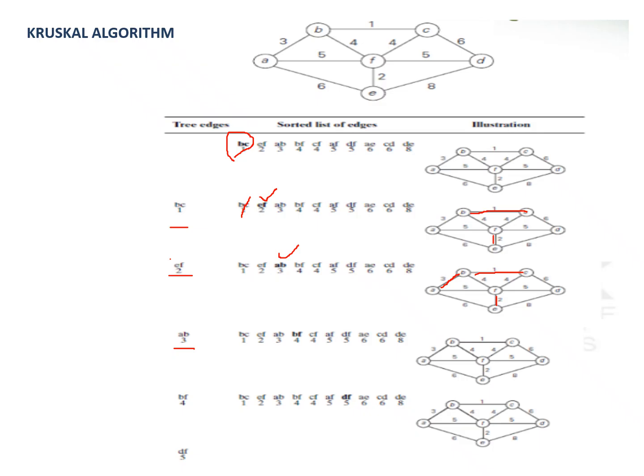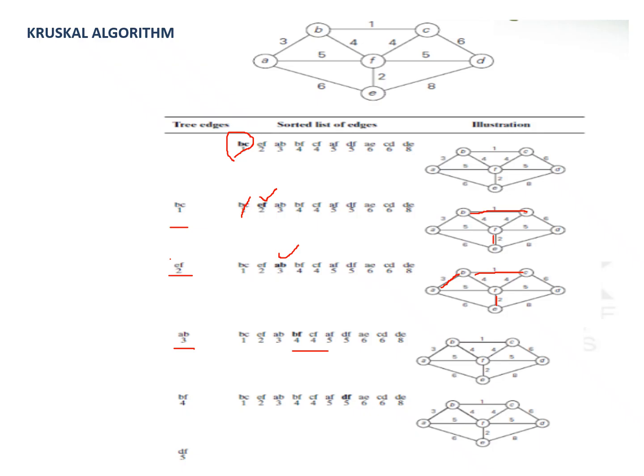Next I am moving on to the further edges. Here I have 2 edges with value 4, BF and CF. B has already been visited, C has already been visited, and F is not visited. I can choose any of the edges of my choice, but it should not form a cycle.